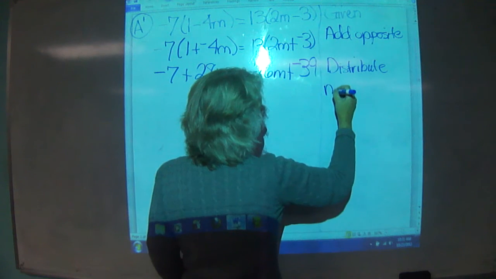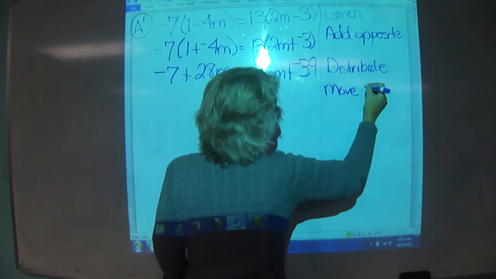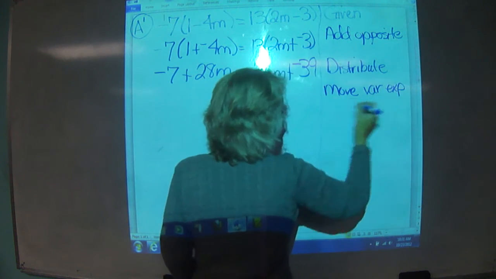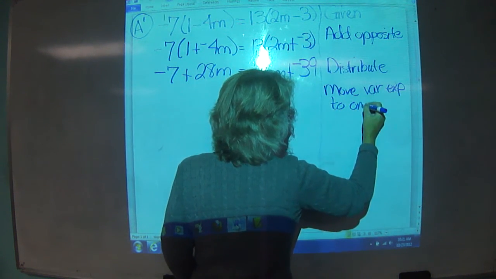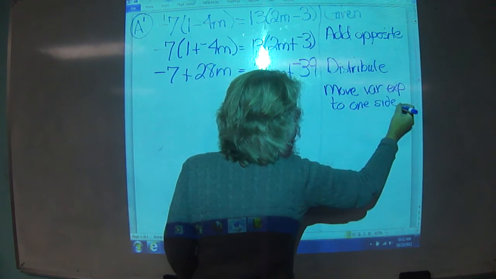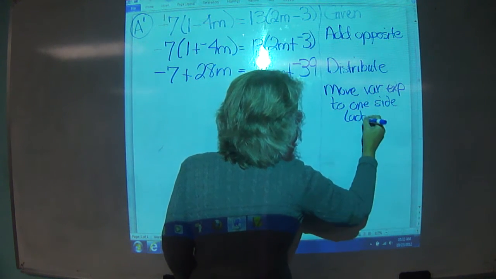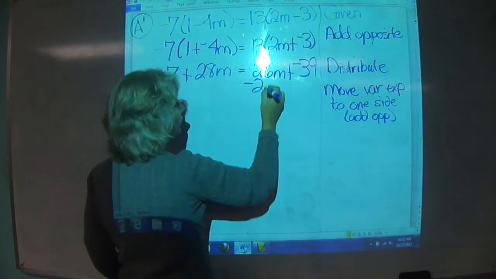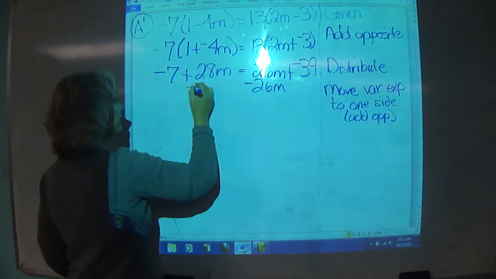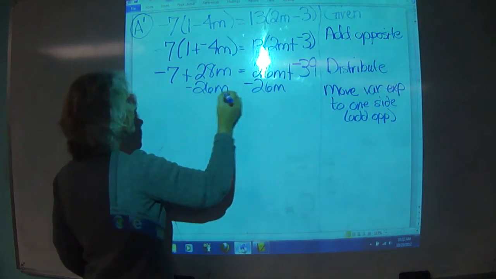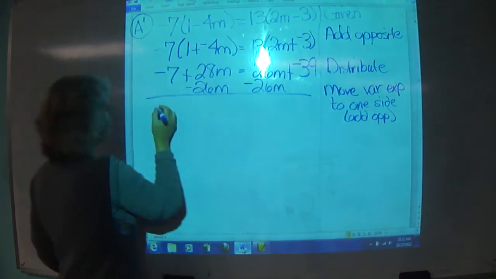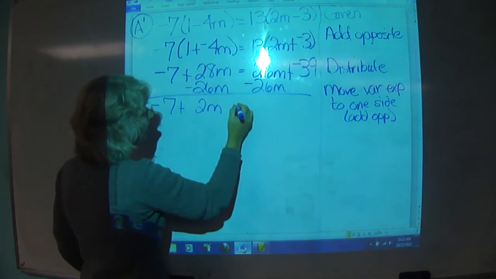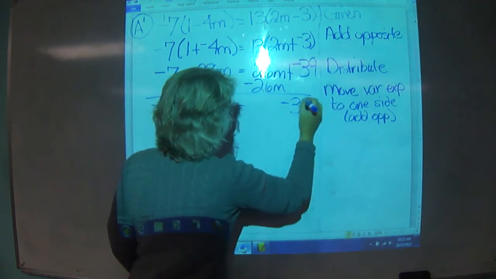So move variable expressions to one side. So you add the opposite. Okay, so I'm going to add a -26m to both sides. So we get -7 plus 2m equals -39.